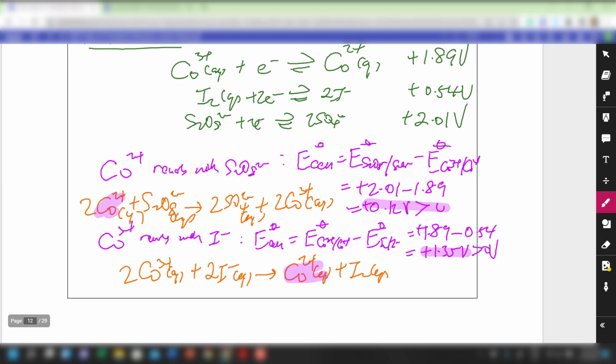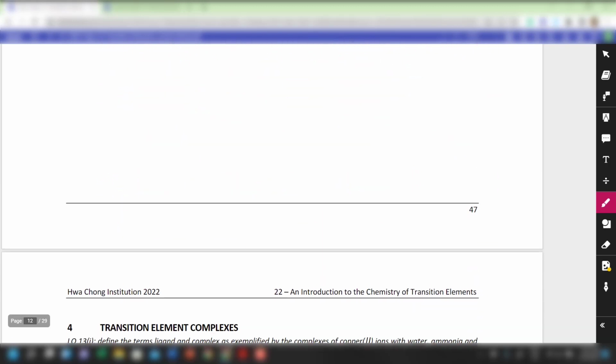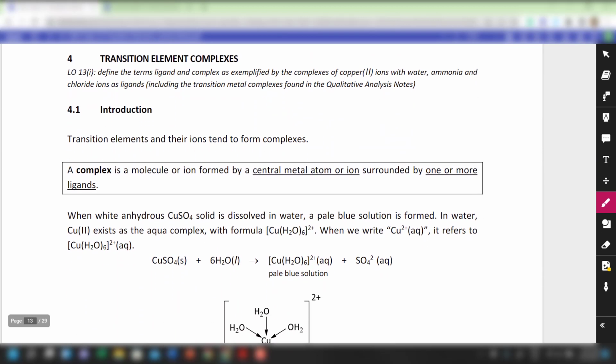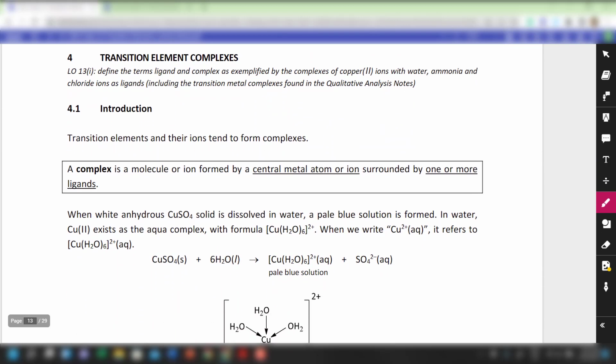Alright, so next we're going to move on to section 4 on transition element complexes. You have probably heard of the term complexes many times, maybe as early as after promos last year when we introduced you to some qualitative analysis dry practical.